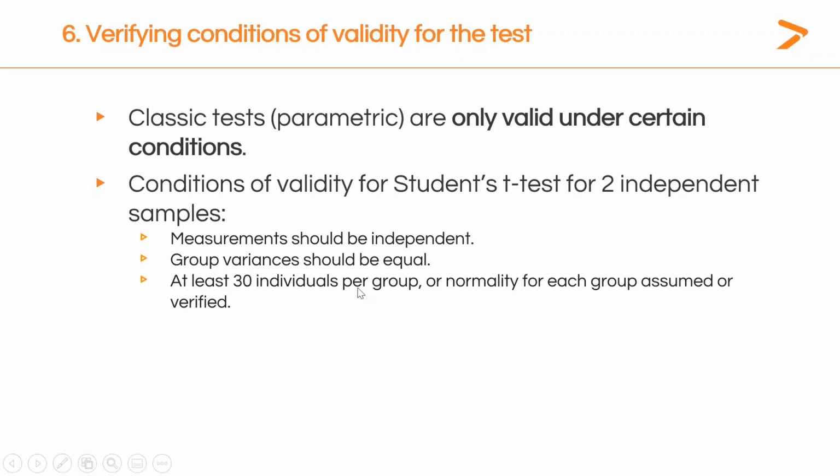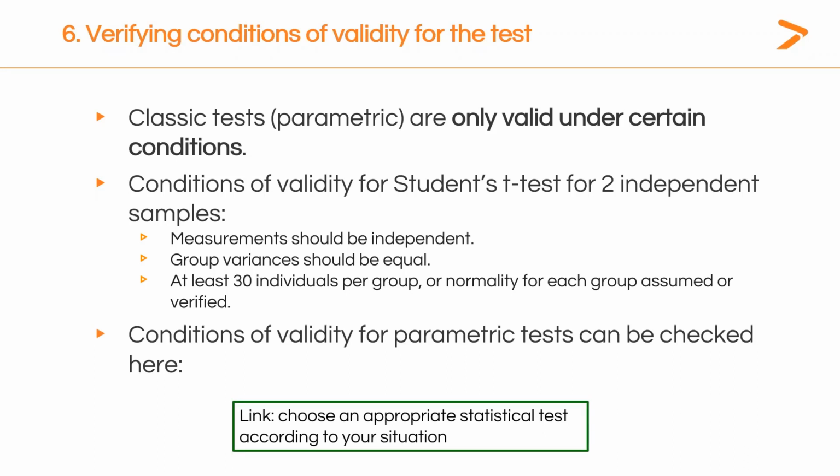Then you need to have at least 30 individuals per group, or you have to verify the normality for each group, either to verify it or assume it based on the literature, for instance. And what is normality? The normality of a series of quantitative data is a bell-shaped distribution of these data.